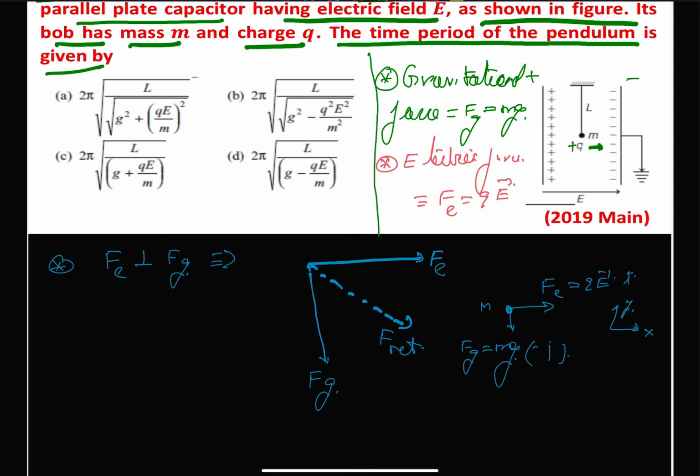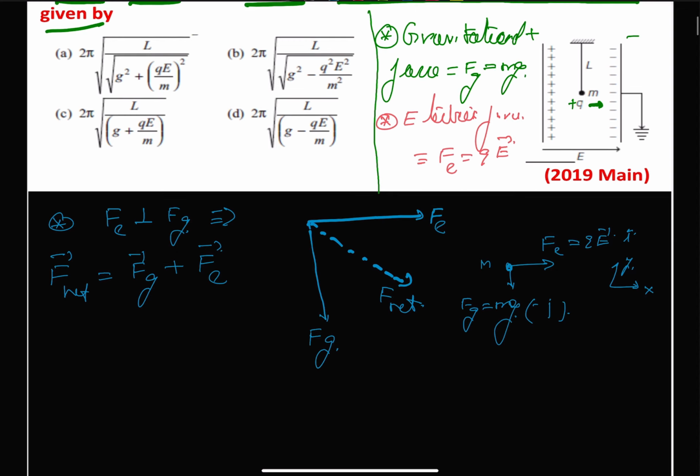So we can say that our F effective, F net, will be equal to our Fg plus Fe, and we can easily substitute the values, and F net will be giving us acceleration.